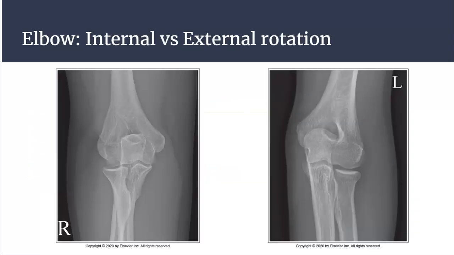So let's take a look at the effects of improper positioning for the AP projection of the elbow. When the humeral epicondyles are not positioned in profile for the AP elbow projection, the elbow is more likely rotated. If more than 1/8 of an inch of the radial head is superimposed over the ulna, that indicates some internal elbow rotation.